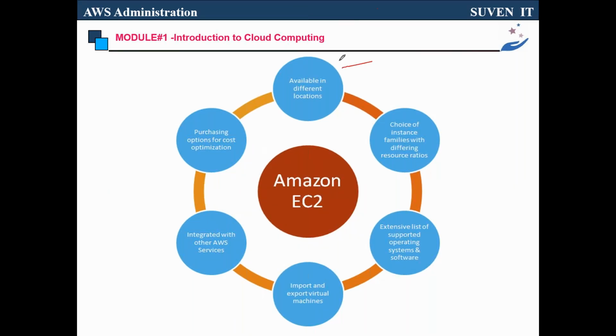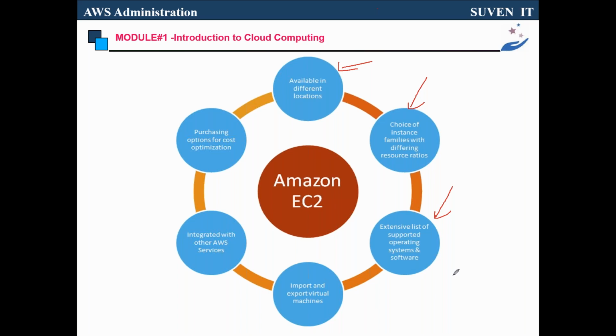You can also choose instances with different metrics, and create servers with different operating systems, like Windows and Linux. Amazon also created their own operating system. We have multiple options to create servers.